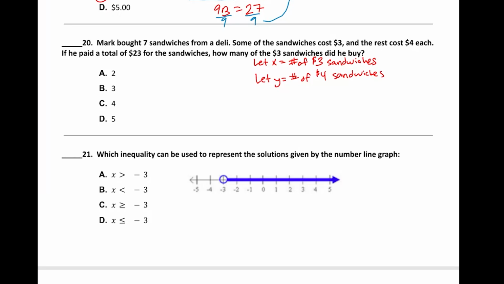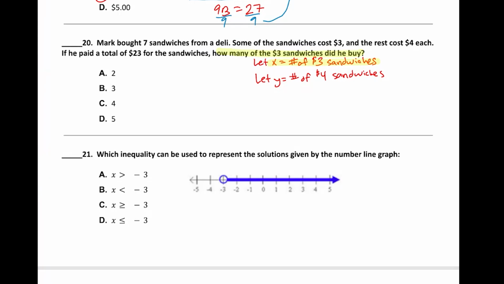When you're solving a system, usually you're trying to find both variables, but this particular question is only asking how many of the $3 sandwiches. So we're really just looking for this x. If we can solve for x, we don't really need the y. It might be helpful to check and make sure we got the right answer, but it's not totally necessary to get this question right.